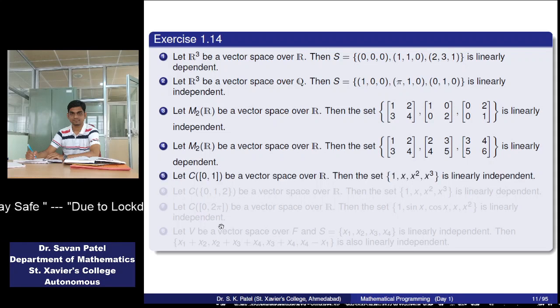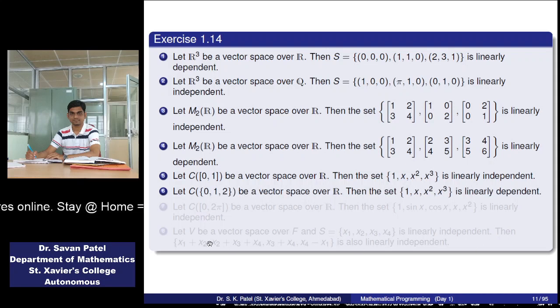Let's take the set of all continuous functions over the interval 0 1 as a vector space over R. Then the set 1, x, x square, x cube is linearly independent. I think you have studied in your previous semester how to prove that this is linearly independent. Again, if you cannot do it, we will discuss in our class.